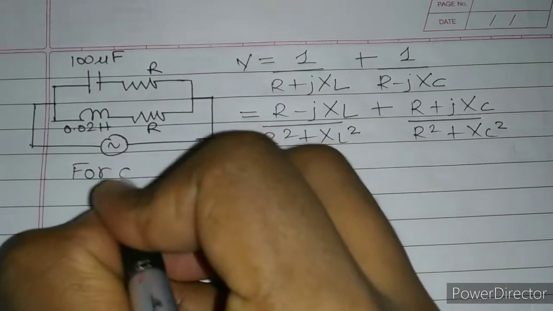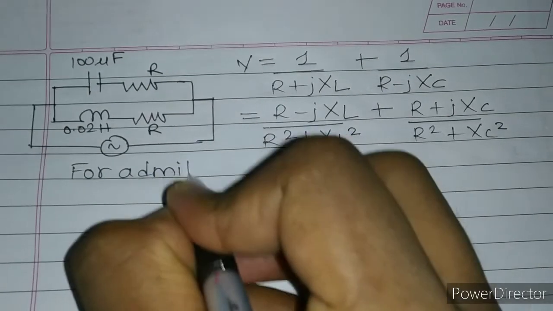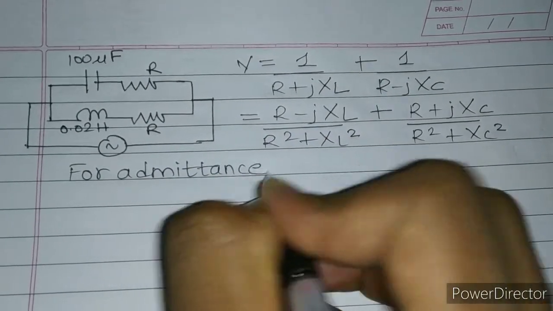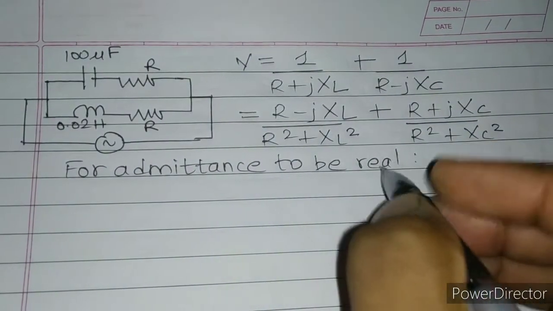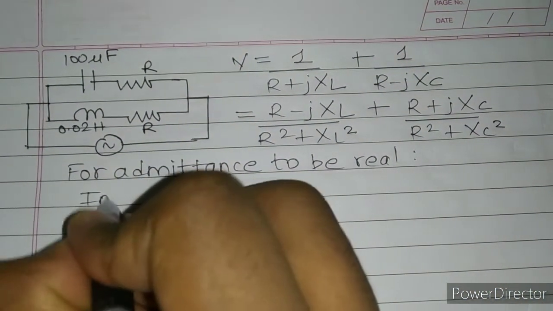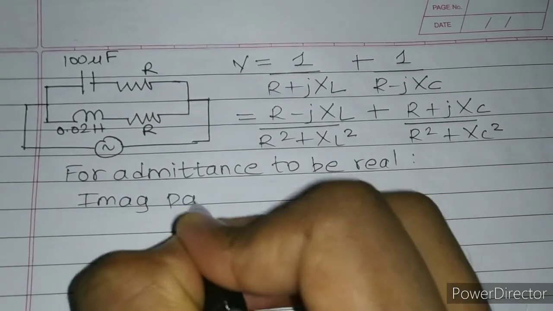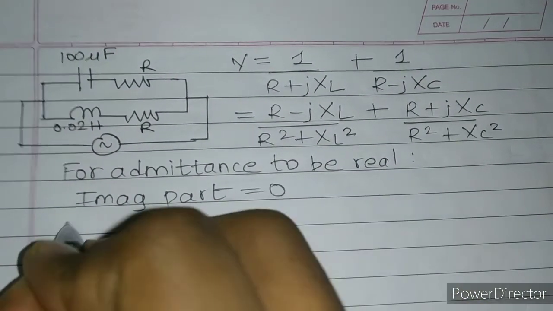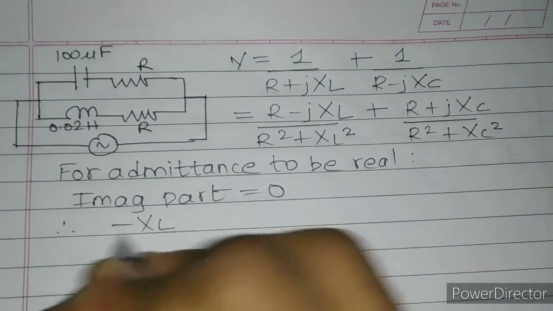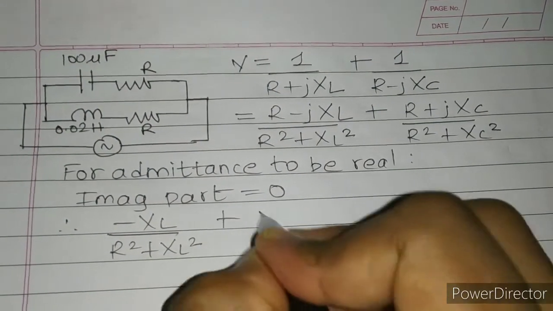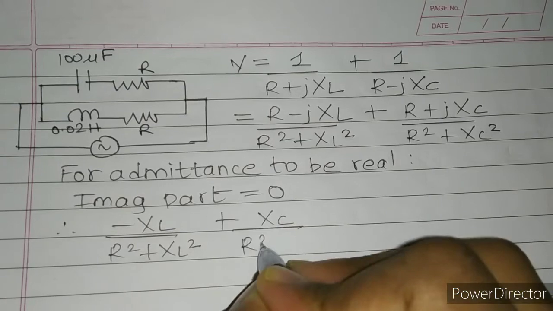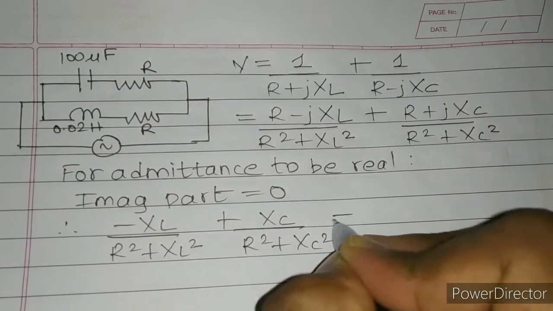For the admittance to be purely real, the imaginary part must be equal to 0. Therefore minus XL upon R square plus XL square plus XC upon R square plus XC square is equal to 0.